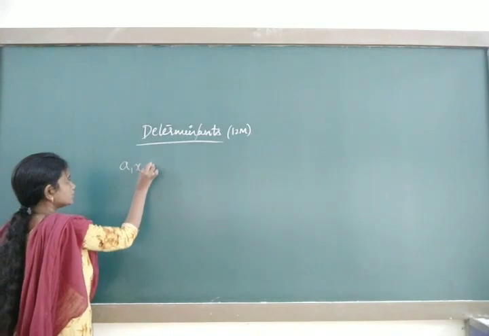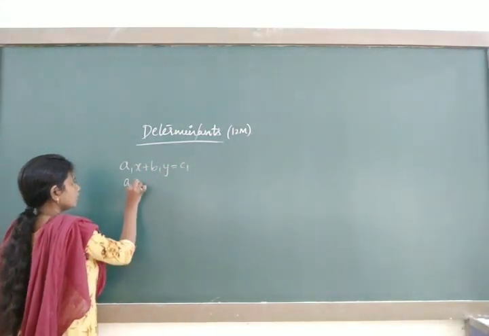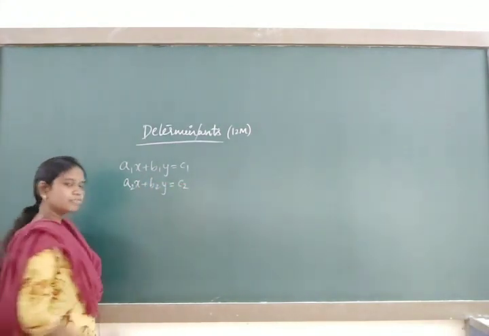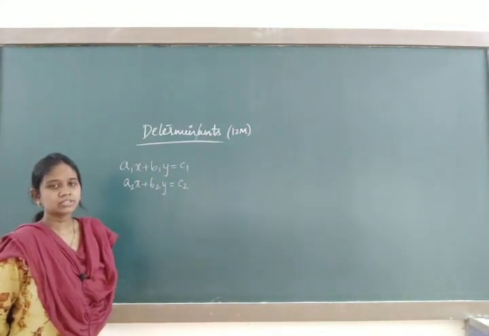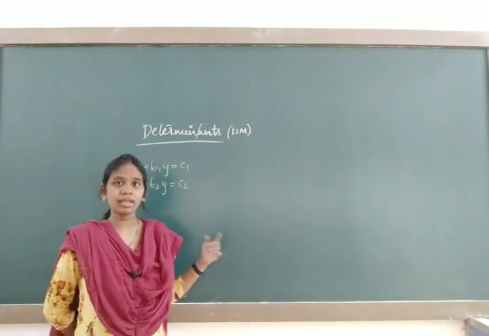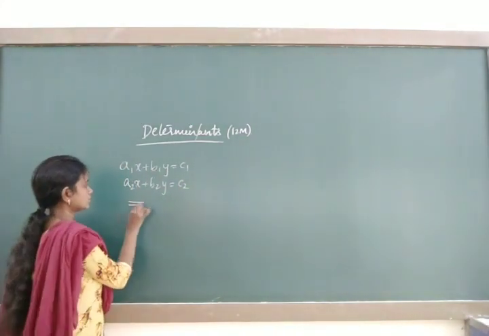Consider a1x plus b1y is equal to c1, and a2x plus b2y is equal to c2. We know that this is a system of linear equations. This system can be represented in the form of matrices.